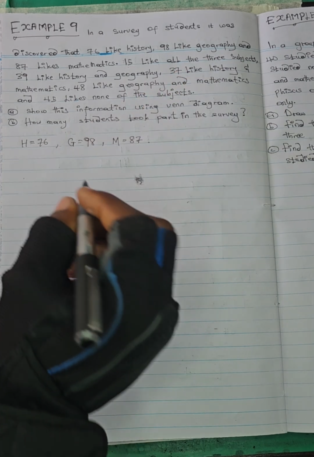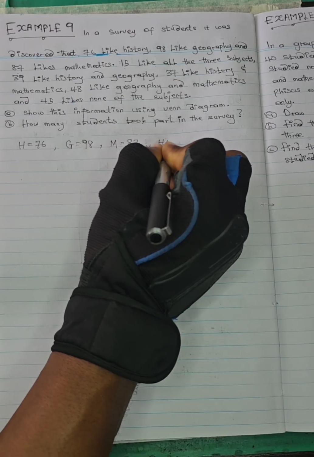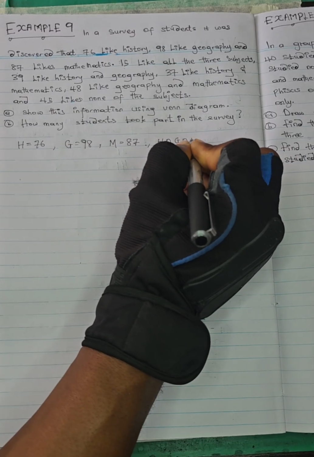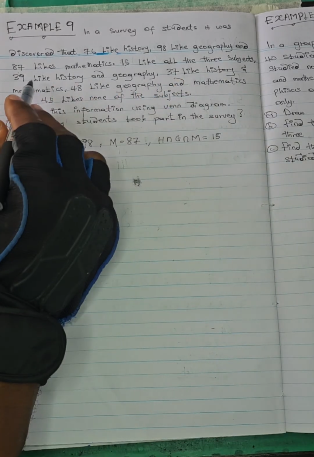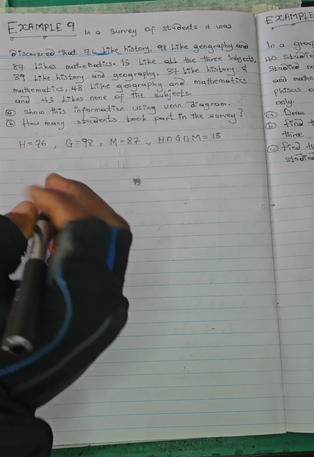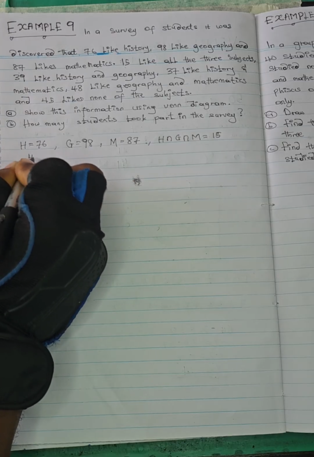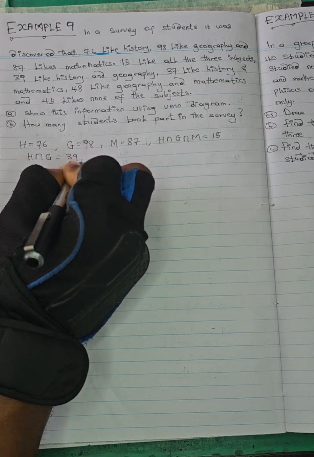So how do we express this? If you intersect these 3, it is 15. So H intersecting G intersecting M is 15. 39 like history and geography. So H intersecting G is 39.